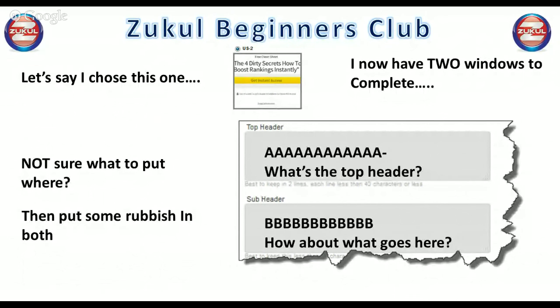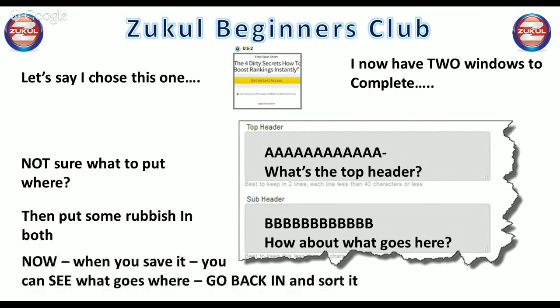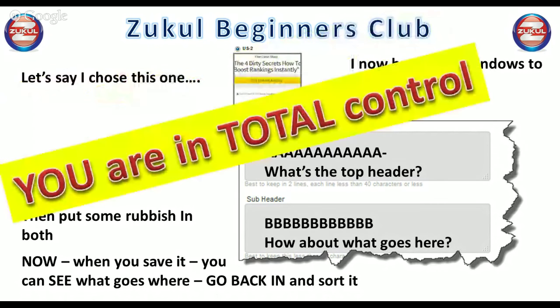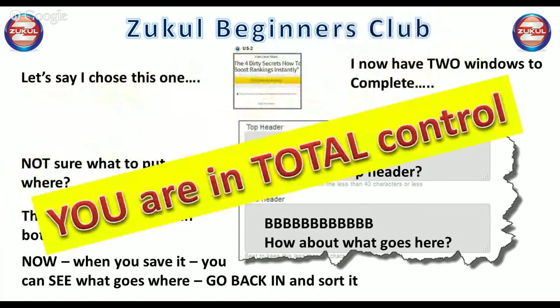And you can identify the position of it and, of course, what you should put in terms of real content. So now, when you save it, you can see what goes where, go back in and sort it out properly. Okay? So you are in total control when you're creating landing pages. Don't be frightened of it.